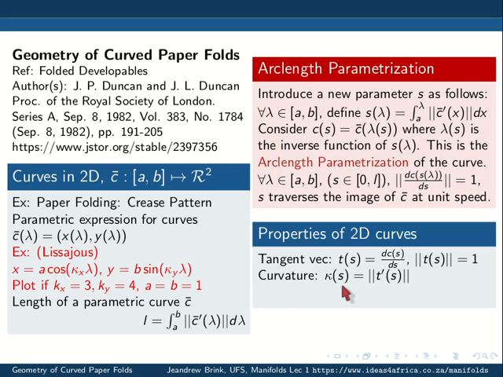Then we're going to define another scalar, which we call the curvature, kappa of S, and that's the norm of the derivative of T with respect to S. The derivative of T is once again a vector, and its norm is simply what we call the curvature. Then we have the unit normal, once again a unit vector, equal to 1 over the curvature times dT dS, so I'm basically dividing by the norm of dT dS.